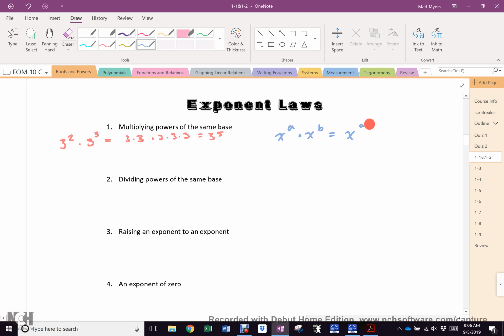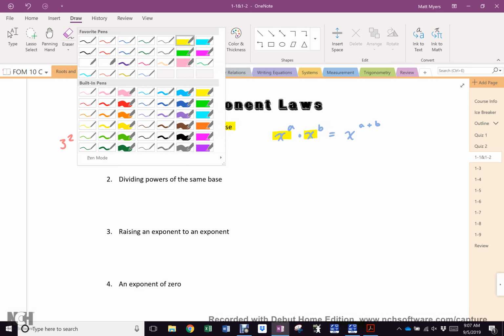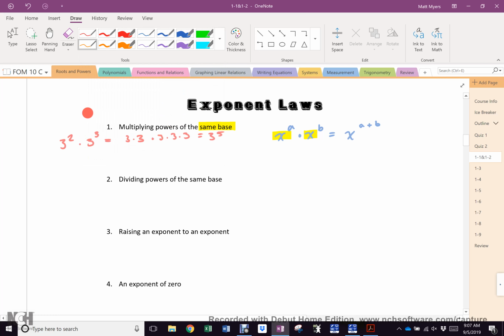A plus b. Whatever those numbers are. Does everybody understand? Okay. Please notice that they must have the same base. Everybody cool?